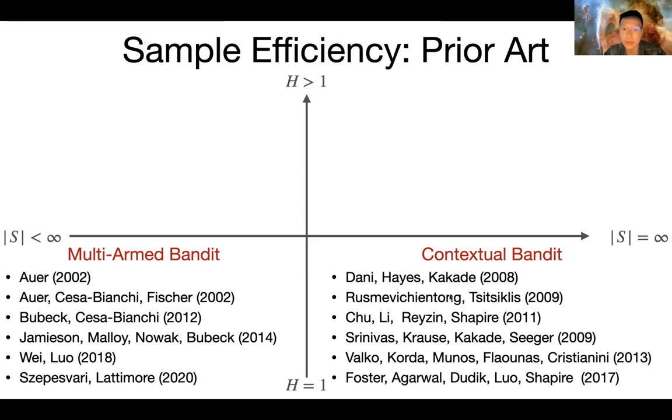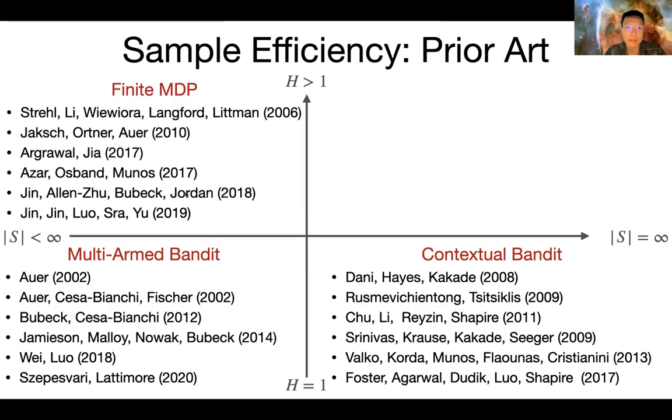Here, contextual bandits means allowing the number of states to be infinite, and these works incorporate linear or kernel function approximators to represent the reward function. Because these algorithms use myopic exploration mechanisms, they cannot be applied to reinforcement learning.